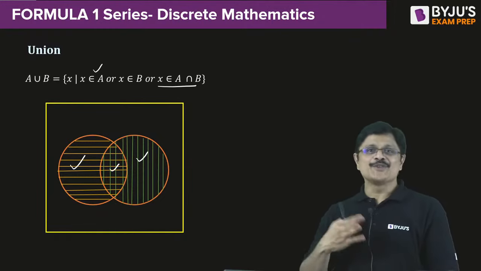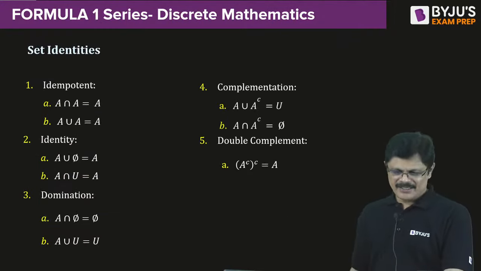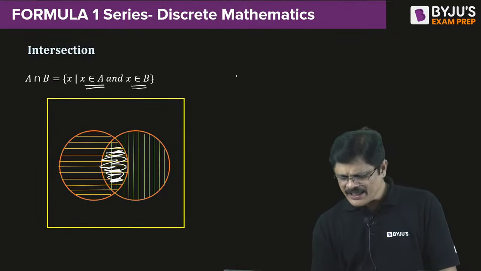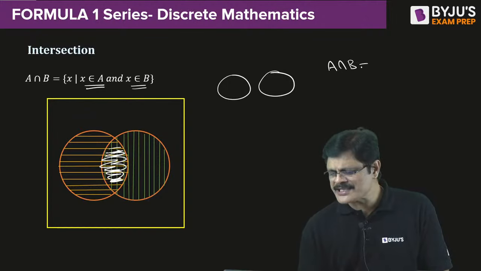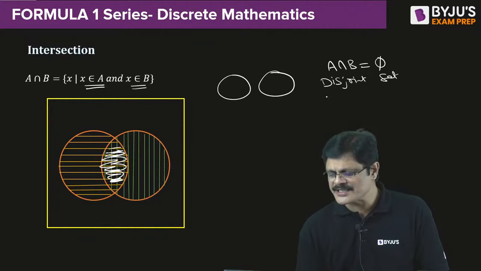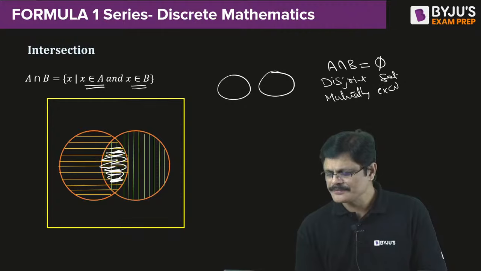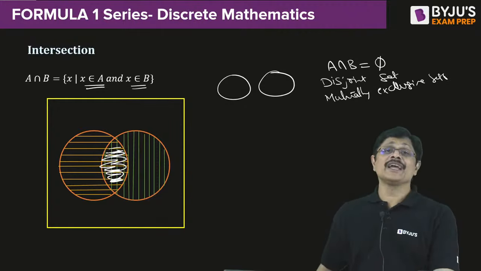Sometimes A intersection B is empty, and we call them disjoint sets, or mutually exclusive sets.